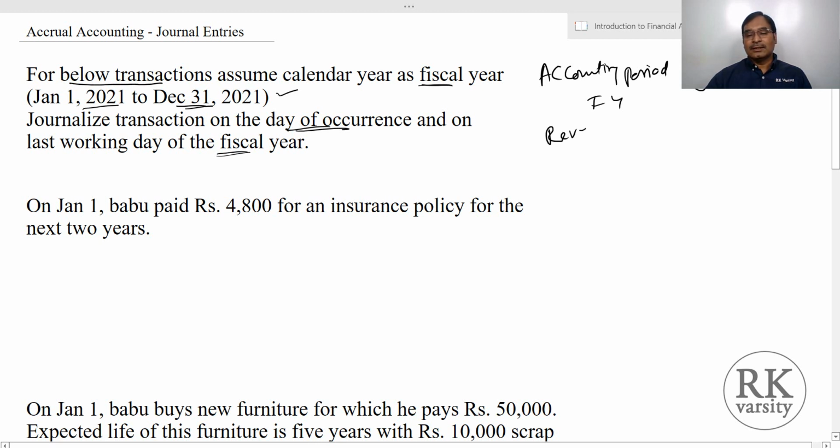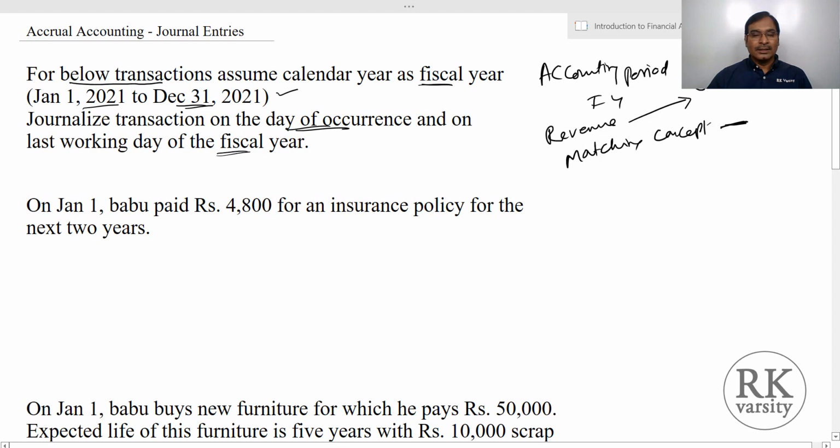Then the revenue which is earned during this period should be recognized. That is the revenue recognition concept. And the third one is the matching concept, which says that all the expenditure incurred to generate revenues during this particular period needs to be recorded.